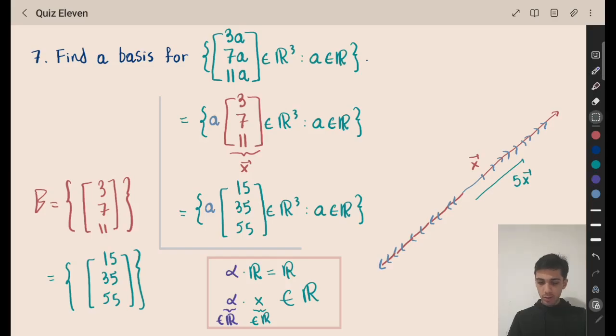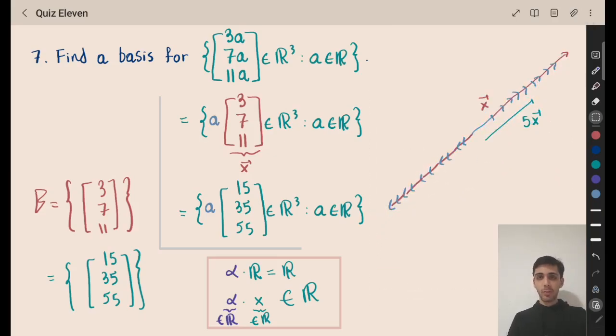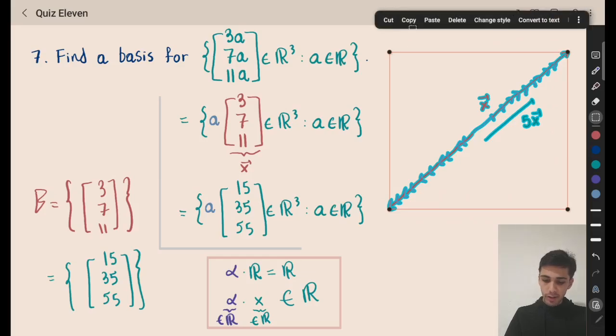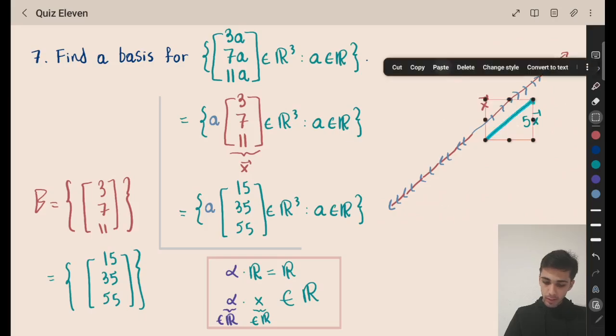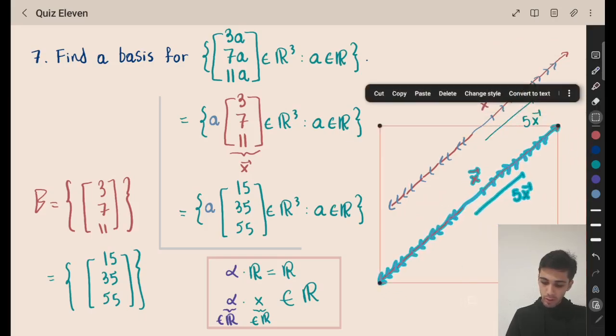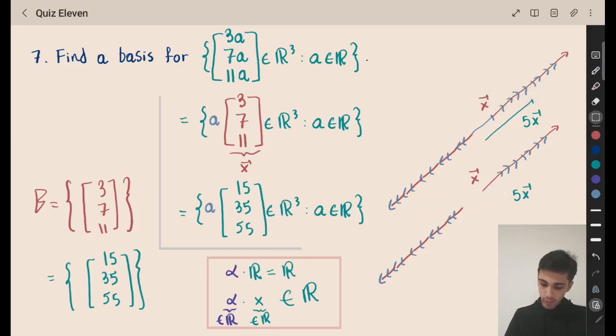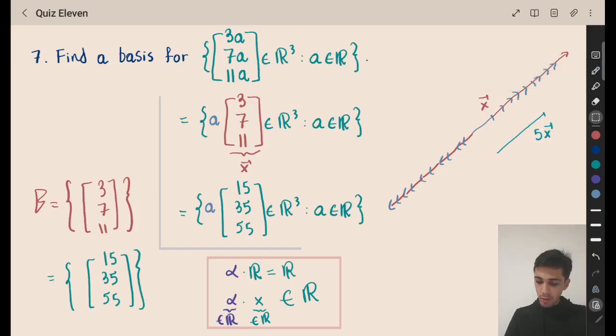I think now it's a good time to stop, because I feel like if I say more things, I'll make things even more complicated. But perhaps to conclude, all I'm saying is that yes, this is the vector x, the red one, but if I take the green one, which is 5x, and why did I do this? I take the vector 5x and I apply all the possible scalings.